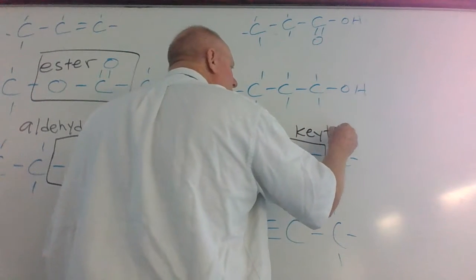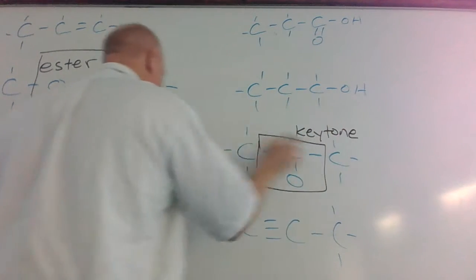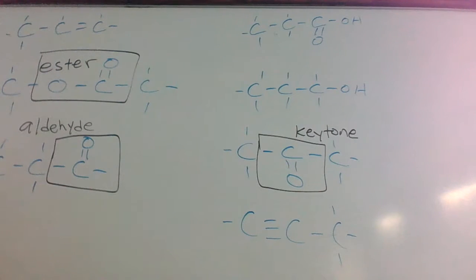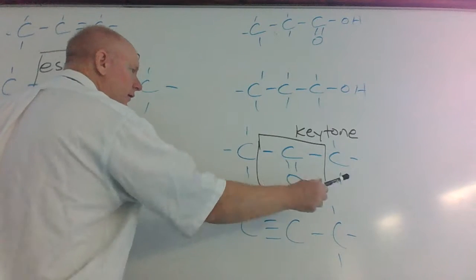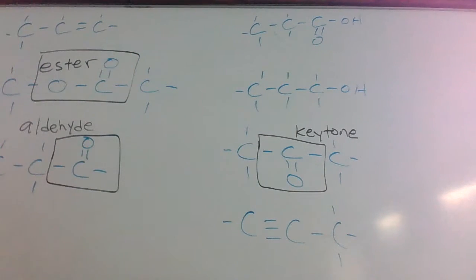Now, it's important to recognize these two because they're so closely related. There's only one subtle difference between the two. On aldehydes, your double bonded oxygen is on the first carbon, whereas a ketone has it anywhere other than the first carbon. No, you don't have to know this as propanol.